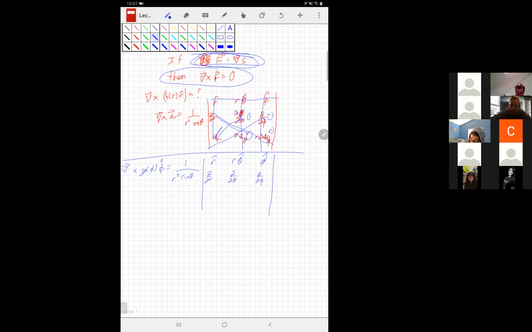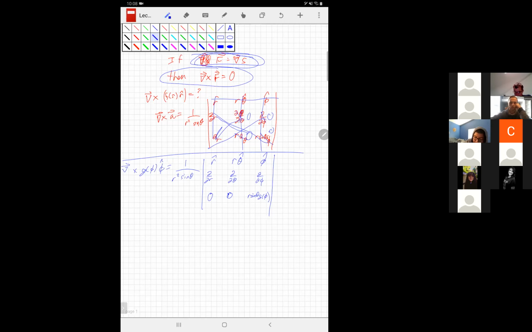And then I've got, well, there's no radial component, but there is a theta component, because the curl in spherical coordinates requires us to multiply the theta component by r. Oops, sorry, I put in the wrong one. It's not the theta one that's non-zero. There's no theta component, my bad, but there is r sine theta g of phi.